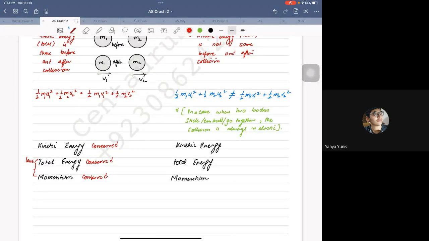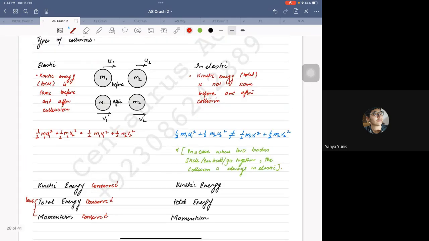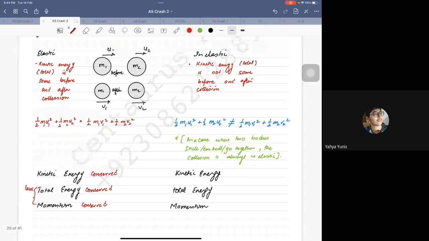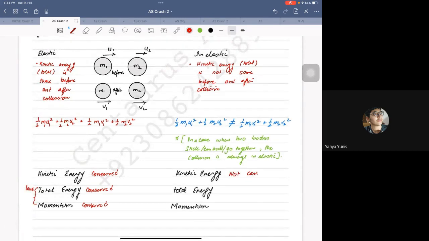Kinetic energy is just energy, so it can convert to another form. If it's inelastic, kinetic energy is not conserved, but total energy and momentum are conserved. So no matter what, momentum and total energy will be conserved because they are laws, and kinetic energy might not be conserved, and that makes it inelastic.